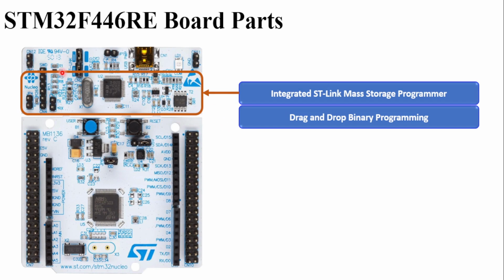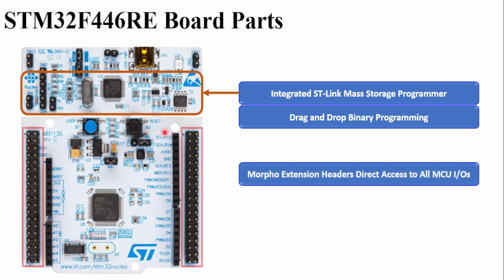Like I said, the upper and lower half can be used separately. The upper half can be used as a debugger for any other microcontroller which falls in the STM32 family. Then you have connectors, also known as morpho extension headers, which can be used to connect with external peripherals like LEDs, switches, buzzers, or any other motor or transistors.